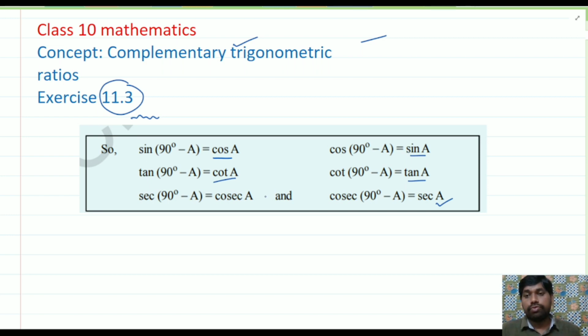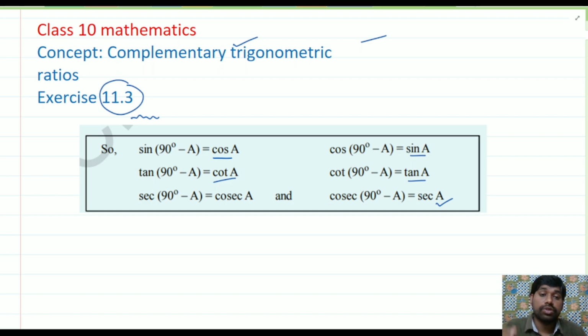Before solving the questions in this exercise, you have to be aware of the complementary trigonometric ratios which I discussed in the previous videos related to the concept of trigonometric ratios. If you are not aware of it, please go through that video first and then come here.